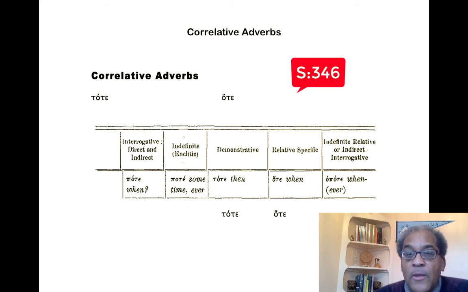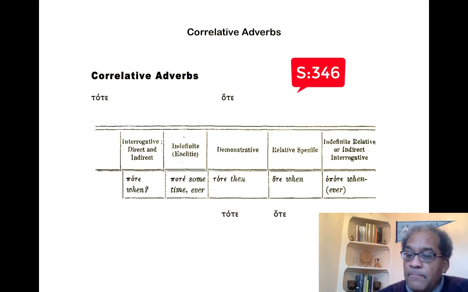He was there then when I sold the car. And we see, again, the way these are correlated, because we'll have póte, interrogative, direct or indirect, when, pote, enclitic, sometime or ever, tóte, then, the demonstrative, hóte, when, and then hópote, whenever. Whenever I see you, I think of the good old days.